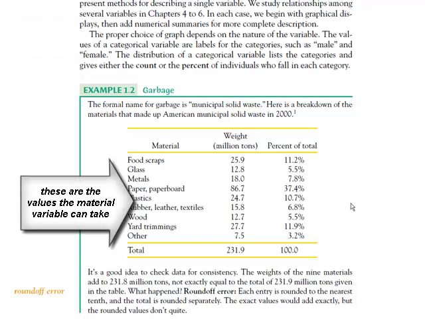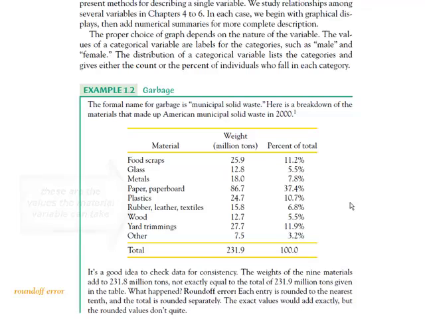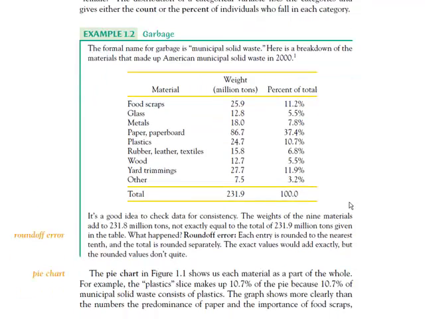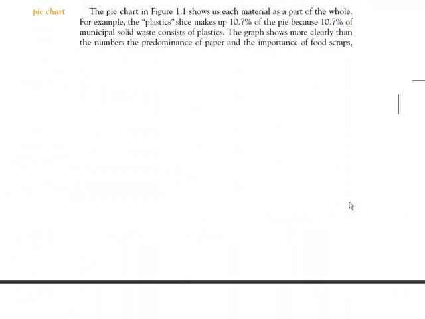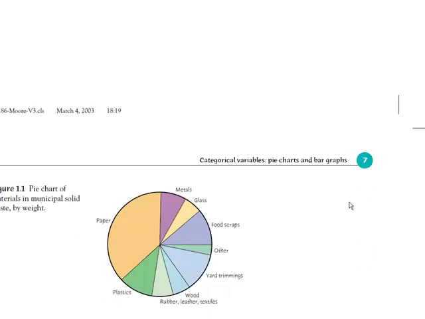And we can see here that, for example, food scraps were 11.2% of the municipal waste. Okay. So now we might want to display the distribution of this variable. Right? So we could do that with a pie chart like that.